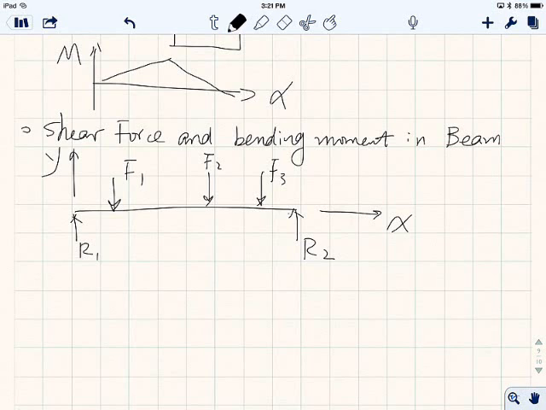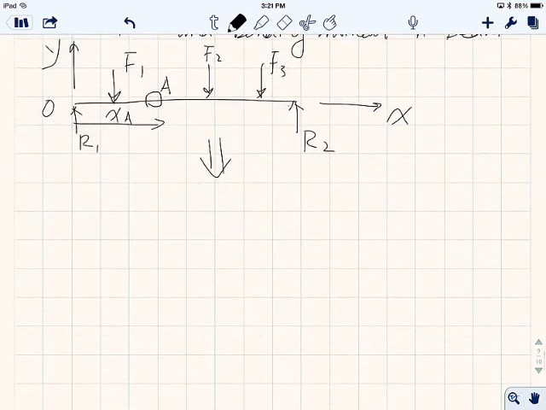Okay, now I set up coordinates. This is my origin, X and Y, and I'm asking you, hey, at this point, what is the internal shear force and moment? So you set up your coordinates. Let's say this is point A, and I say this is XA. Right, so all you learned before is you can do a free body diagram and also use the equilibrium to solve for the problem.